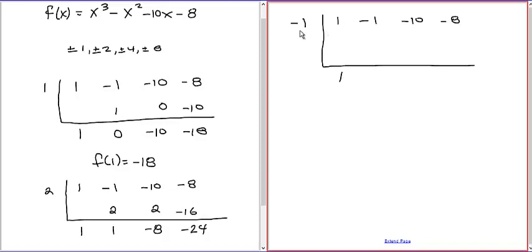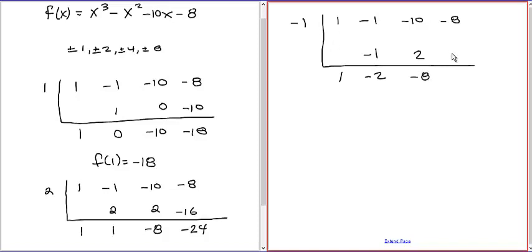Okay, bring the 1 down. Negative 1 times negative 1 is negative 1. Add these together, we get negative 2. And negative 1 times negative 2 is positive 2. Negative 10 plus 2 is negative 8.